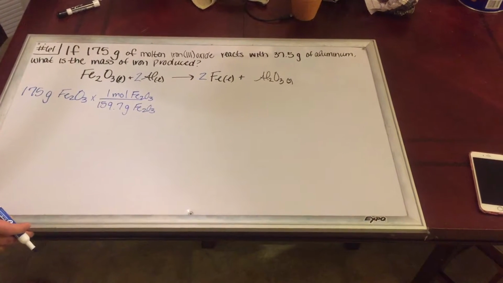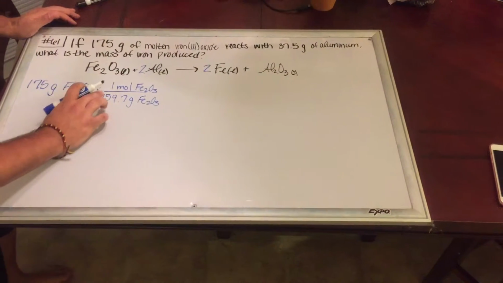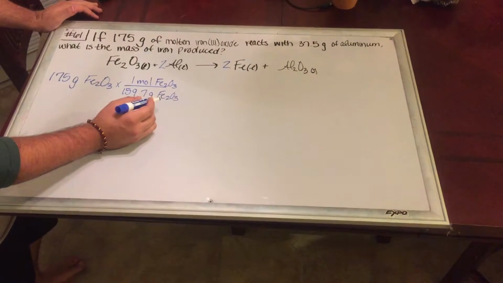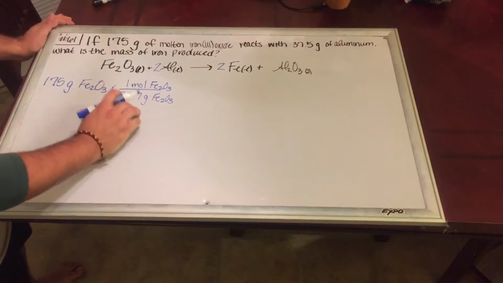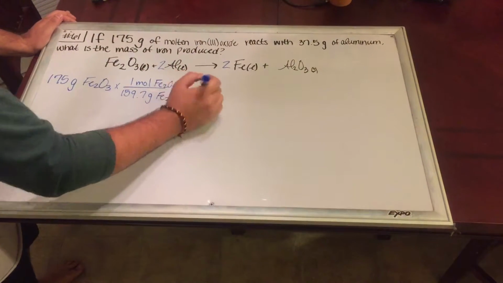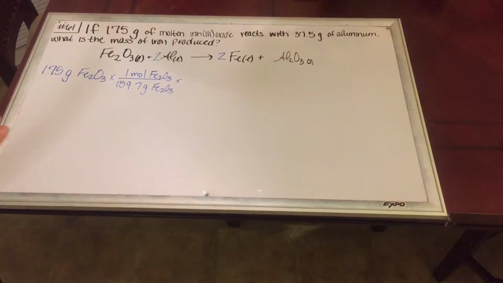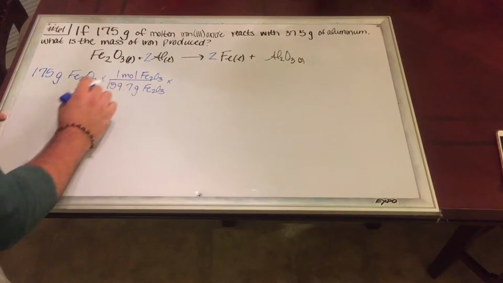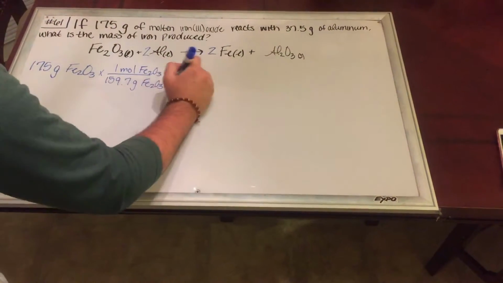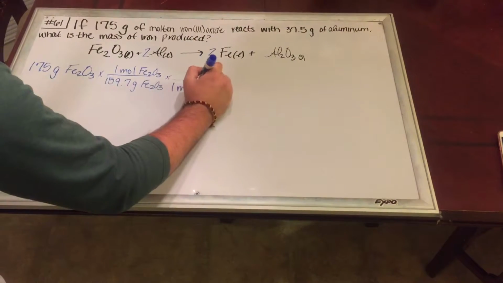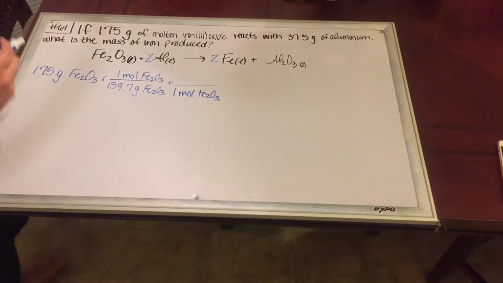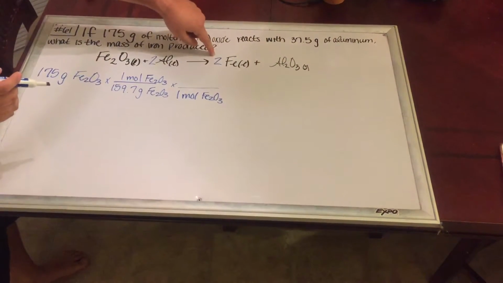So now there's 1 mole per 159.7 grams of iron 3 oxide, and now I need to convert this into moles of iron. So now I just continue going, and now I have 1 mole of iron 3 oxide, and now I need 2 moles of iron.